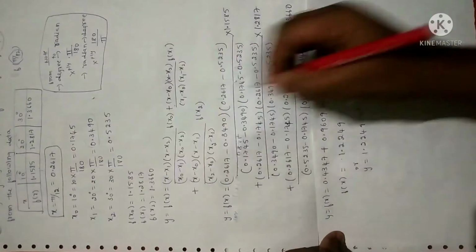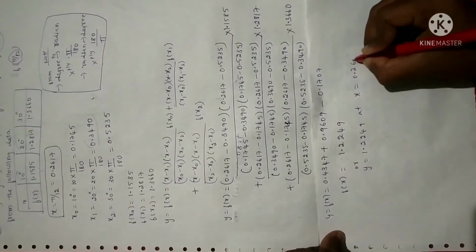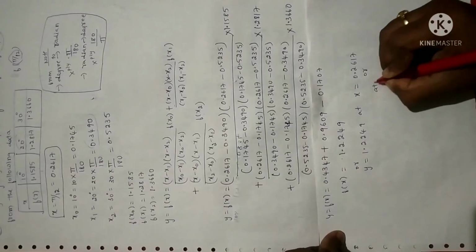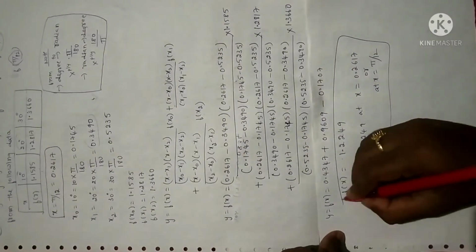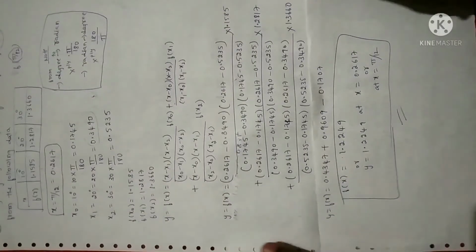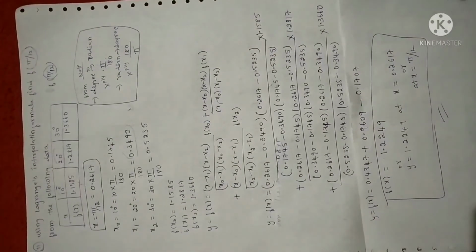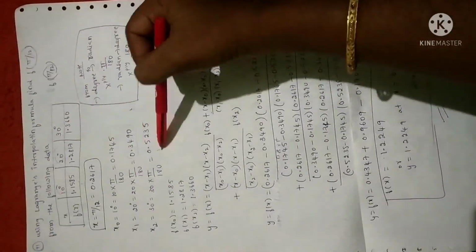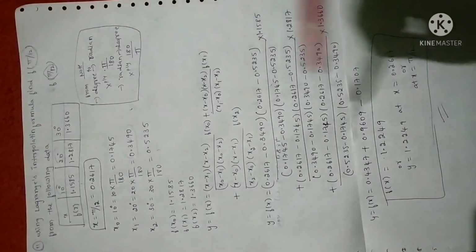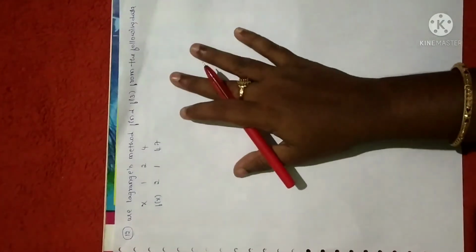At x is equal to 0.2617 or at x is equal to pi by 12. So this is the required solution of the problem. Clear? Only thing is, you need to convert the value which is given in degrees into radians. Why? Because we need to calculate the value in radians.